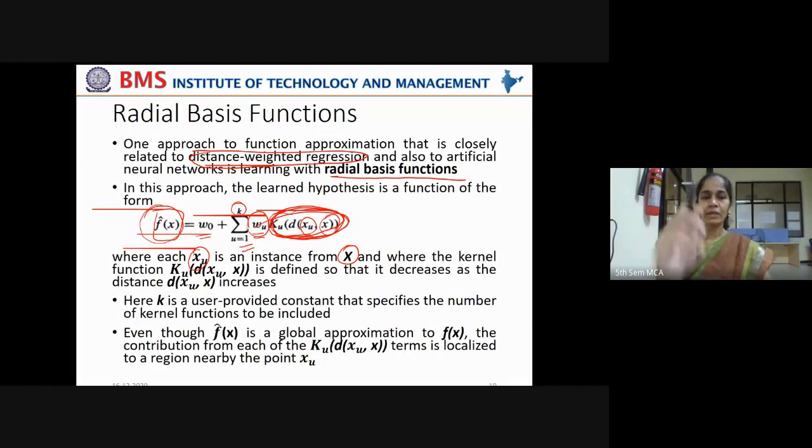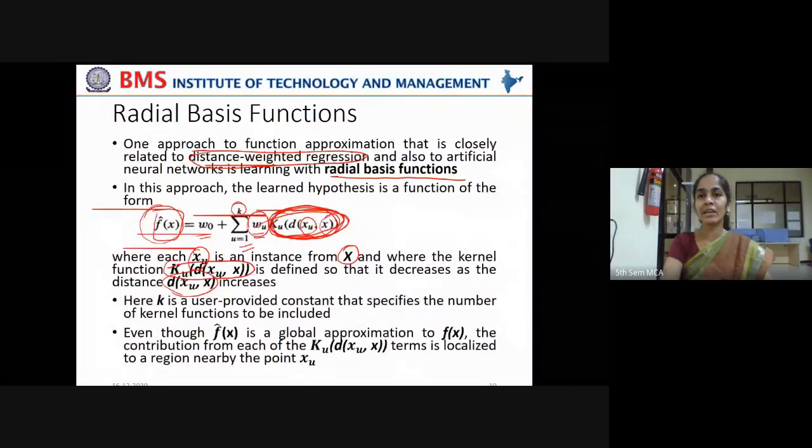So this Ku of d(xu, x), the distance between xu and x, is called the kernel function, which is defined so that it decreases as the distance of the new instance from the existing instance increases. So it is like a reciprocal.